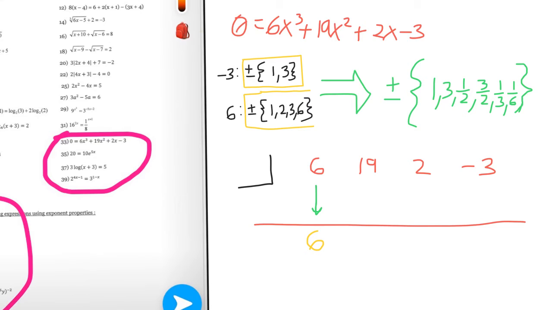So what about -1? Well, -1 times a positive 6 would be a -6, right? And this would be 19 minus 6 is 13. This would be a -13. This would be, looks like a -11, unless I'm making a careless mistake. And this would be a 11, and that doesn't do it either. So we have to, unfortunately, move on to a different number.